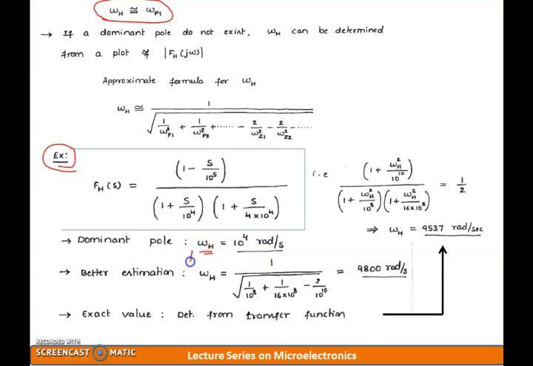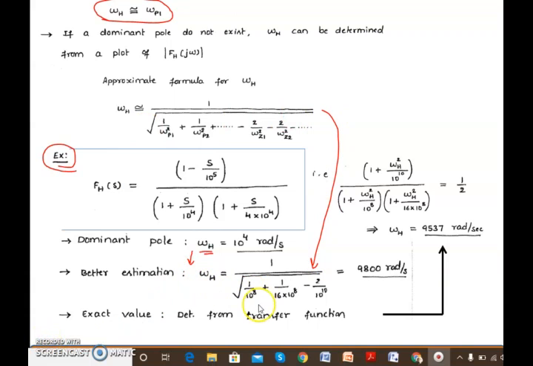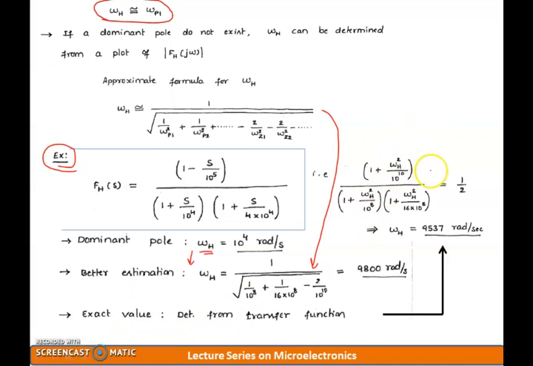Now this can be done in a better way, using better estimation, by using the above mentioned formula, wherein I substitute different values of poles and zeros. The same upper cutoff frequency can even be obtained with an exact value through the help of the transfer function. Remember, determining the upper cutoff frequency with the help of the transfer function always gives me an exact value.